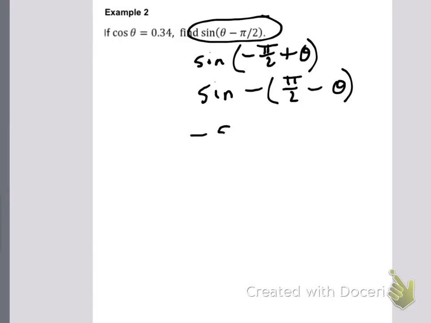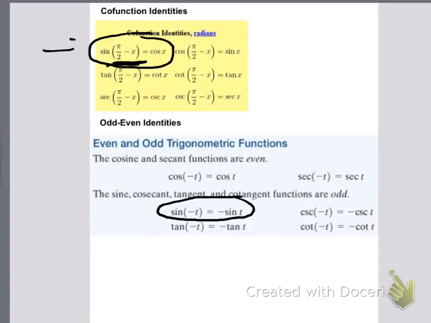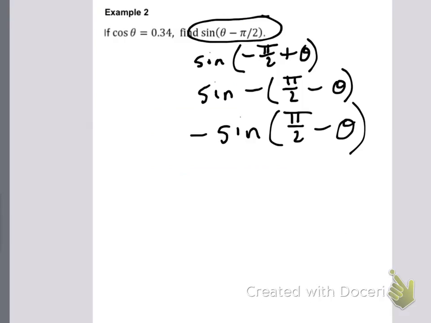So this is now negative sine of pi over 2 minus theta. But here it says the sine of pi over 2 minus x is cosine. So the negative comes down, and it's just negative cosine theta. Right here it says cosine theta is 0.34, so our answer is negative 0.34.